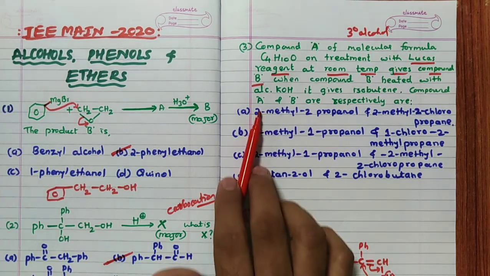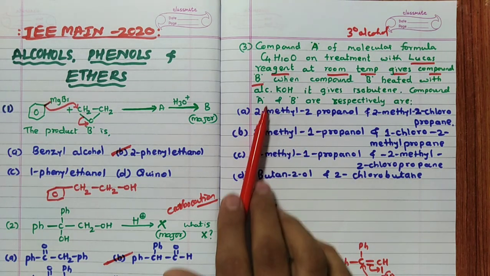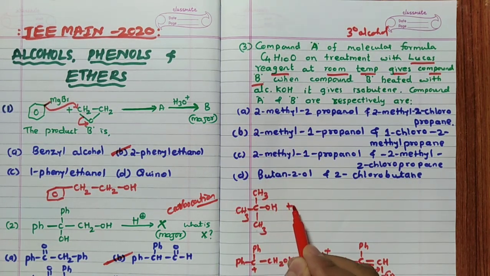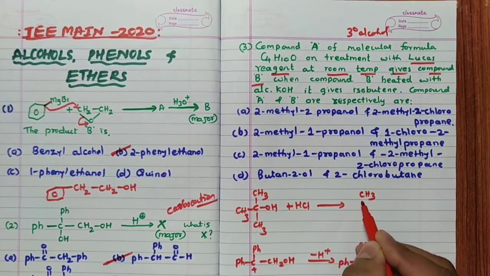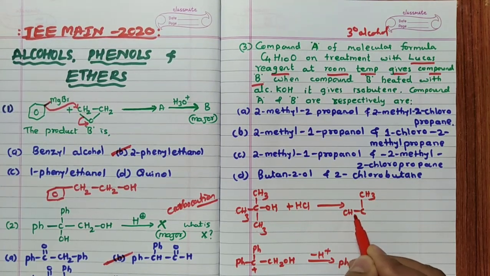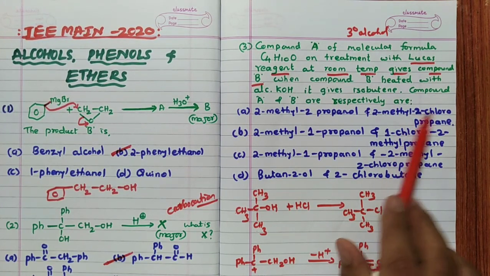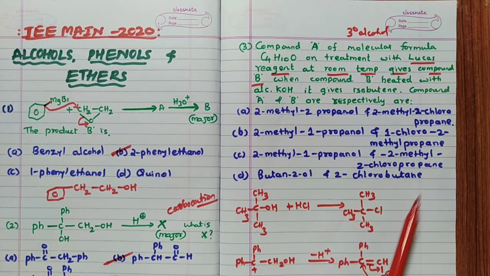Then definitely out of the two, one answer is correct. When it reacts with HCl, this OH will be replaced by Cl, so (CH3)3C-Cl. This should be the product B. What's the name? 2-chloro-2-methylpropane it is.